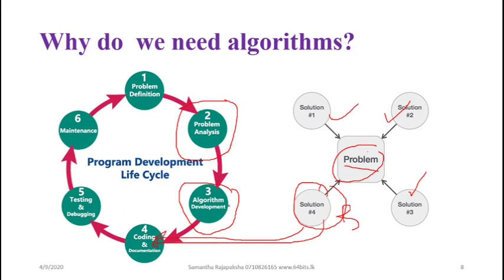And why do we do this algorithm development? The reason is, as you know, when large buildings are going to be developed, they create a model using cardboard or some other simulation tools, and then show it to the customer and check whether the customer is satisfied. Only then do they do the actual implementation, because otherwise, if you just develop a very large building and something is wrong, changing is difficult and you are losing money.